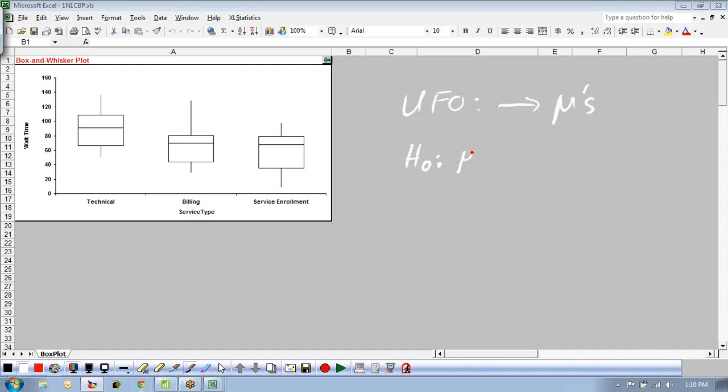The null hypothesis would be mu technical is equal to mu billing is equal to mu service enrollment, SE, versus the alternative, at least one pair is different.